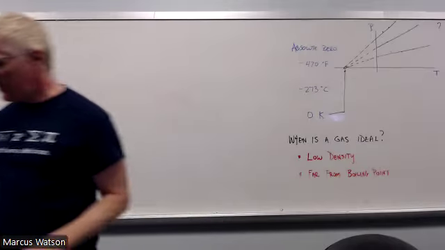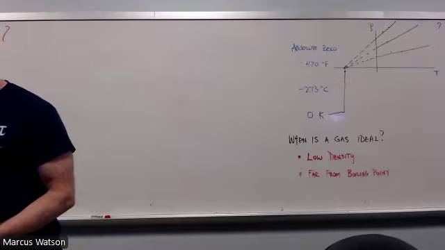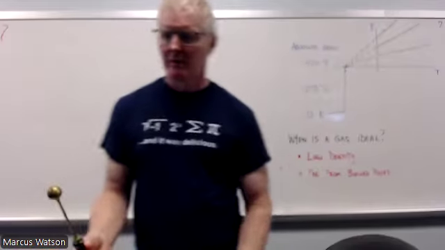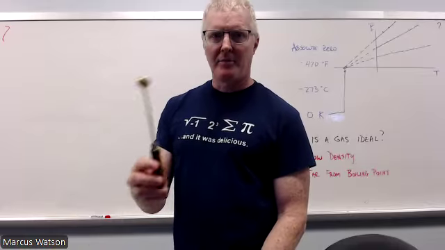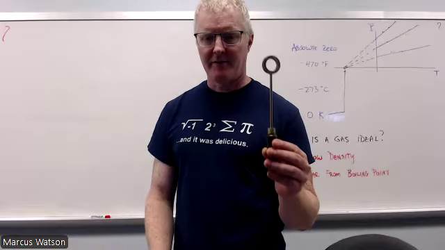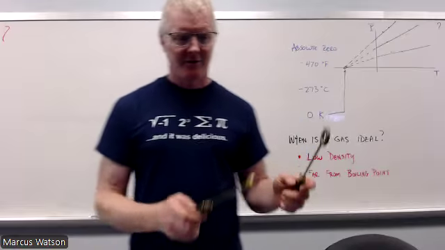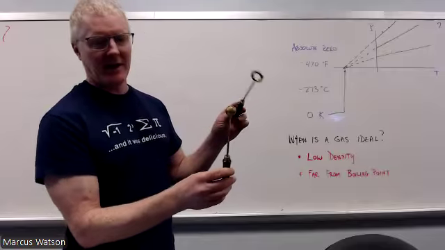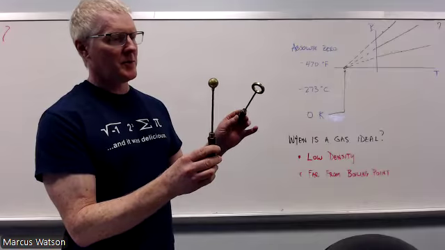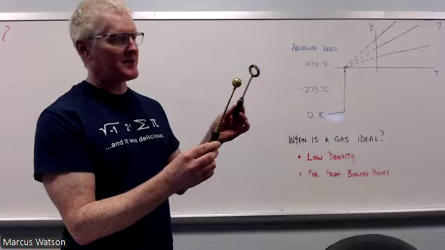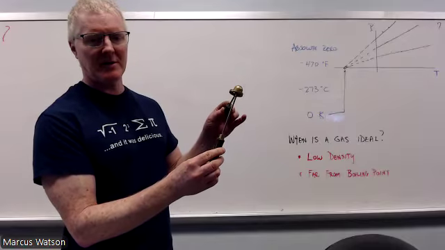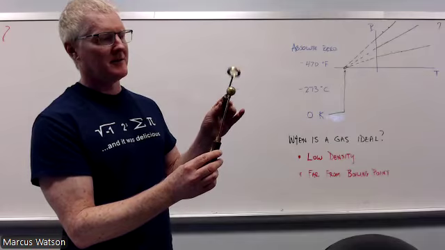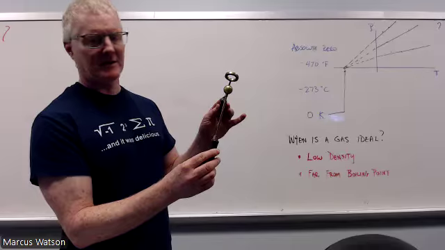So I have for you here a good old ball on a stick, but I've also got a ring on a stick. As you can see, if I try to pass the ring over the ball, it just barely fits, like so.